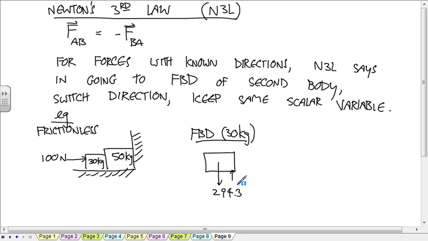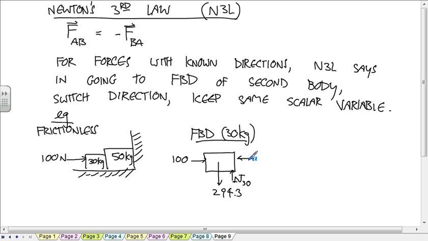You have an upward force, I'll call that the normal force on the 30. You have the 100 Newton force acting. And then you have a force pushing back on the 30 by the 50.